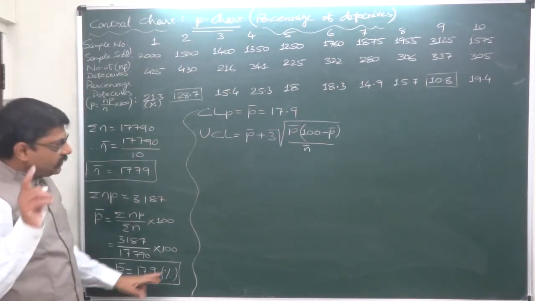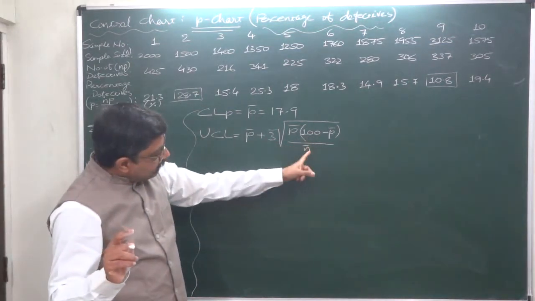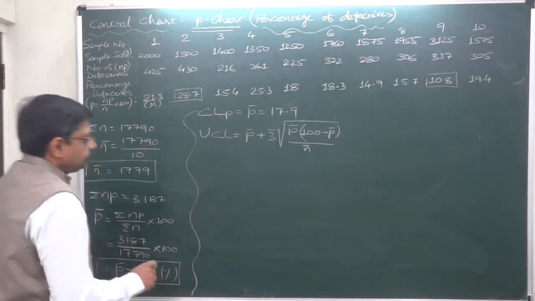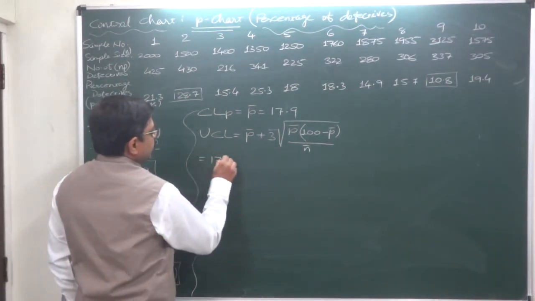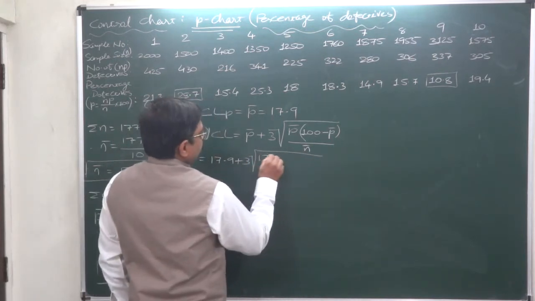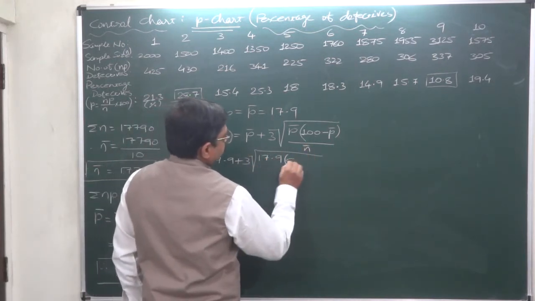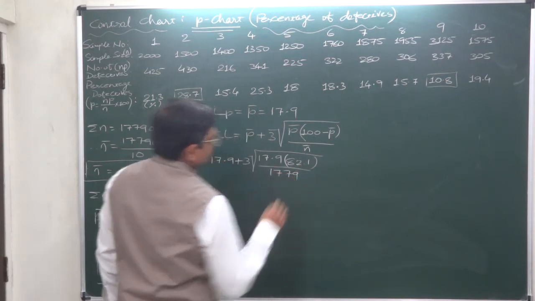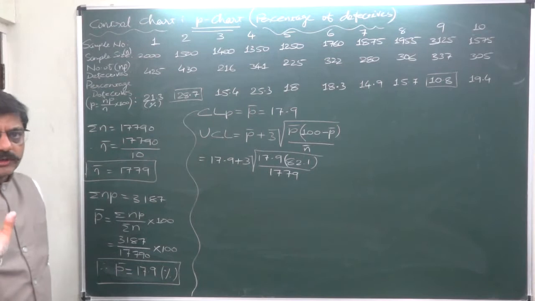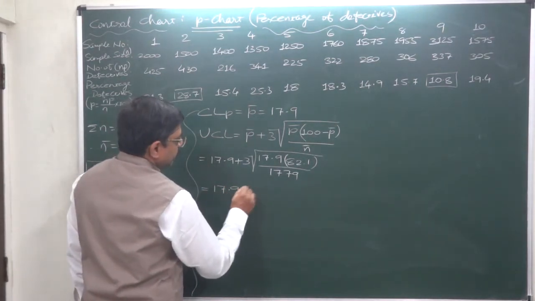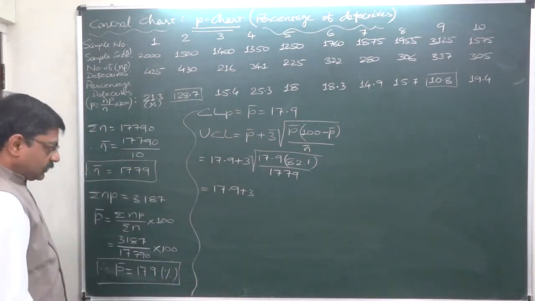Mind well, both are not coming simultaneously every time. It will be 17.9 plus 3 into under root 17.9 into (100 minus 17.9, means 82.1) divided by 1779. Minor things are new actually. Keep yourself alert at the time of all these calculations.